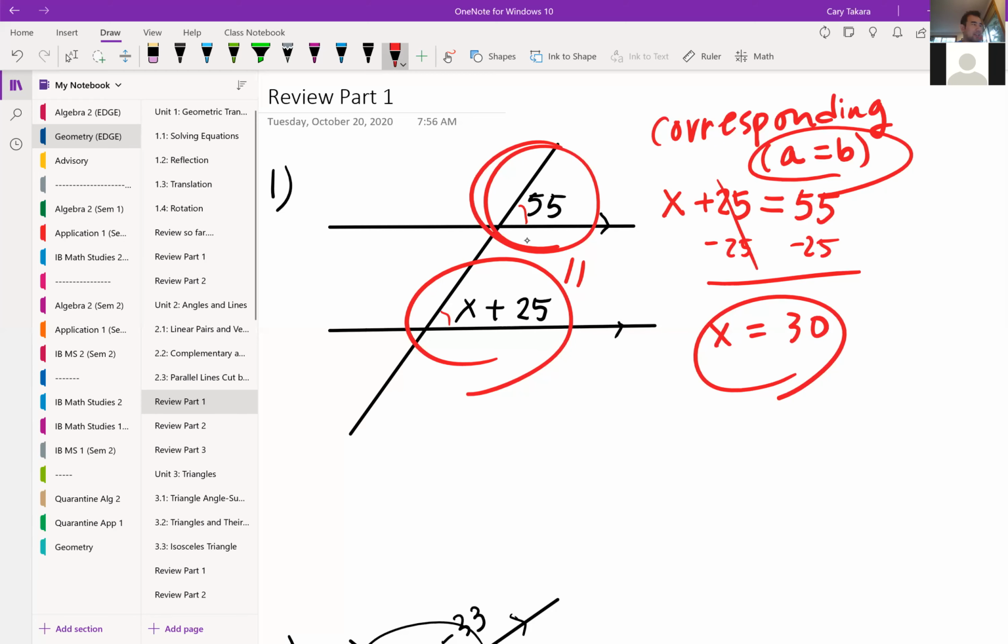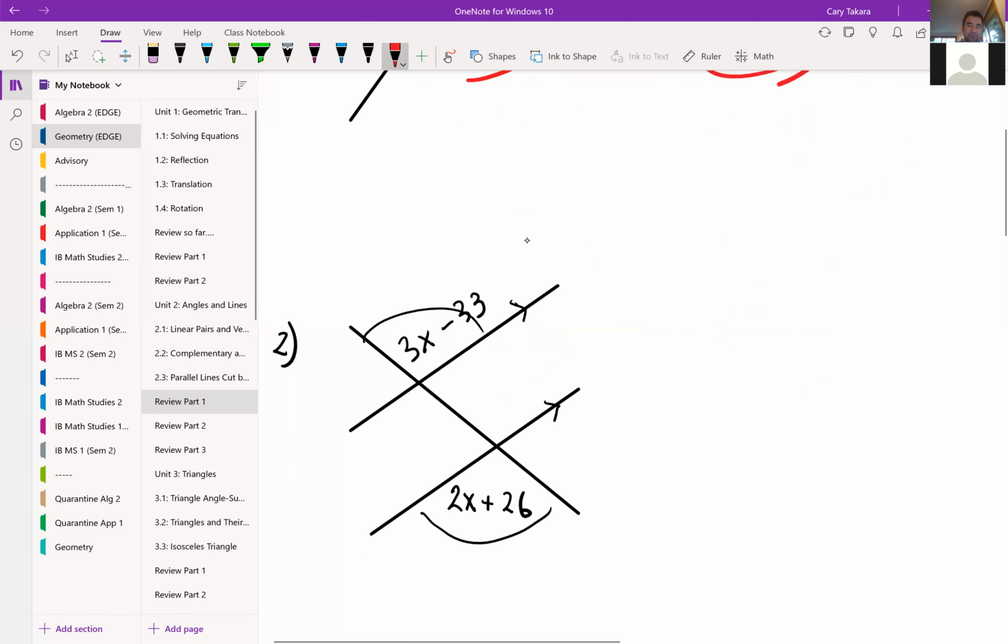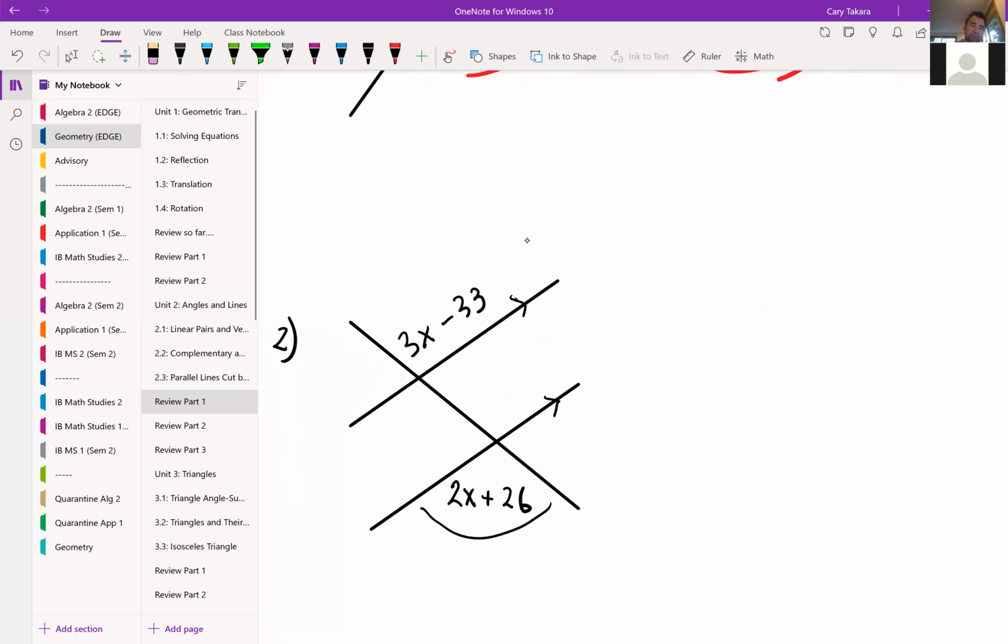Okay, let's do number 2. I want you to write down the name, then the relationship. Let's just put the name, and then we're going to solve it.